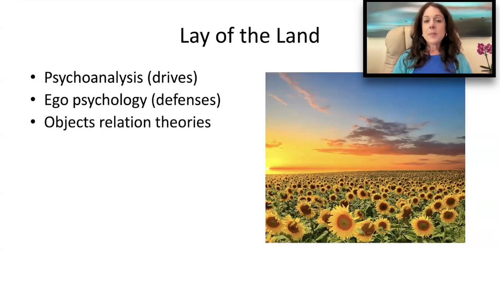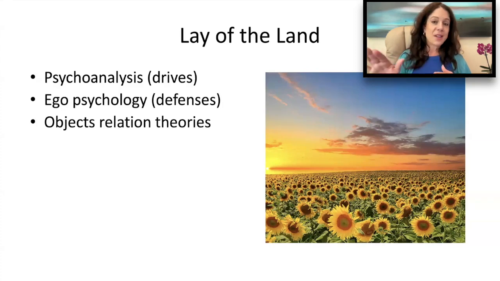So next up is object relations, and this really was a huge shift in the development of psychodynamic ideas, because both psychoanalysis and ego psychology is really what they call one-person psychology, where they're focusing entirely on the client and the therapist, the neutral blank slate.